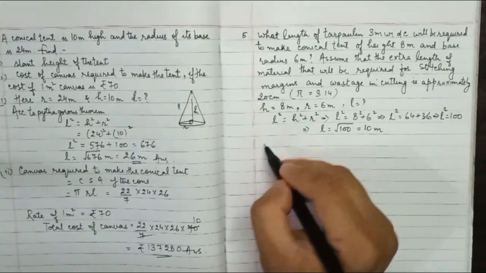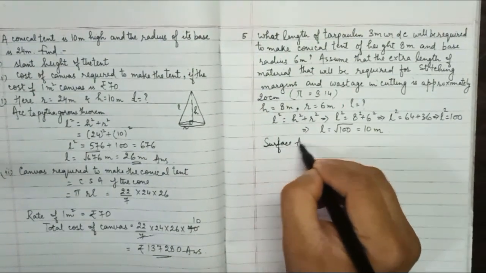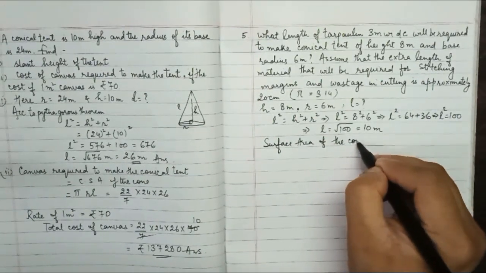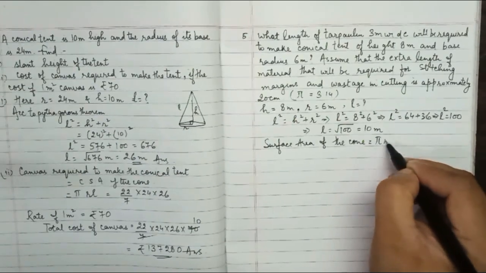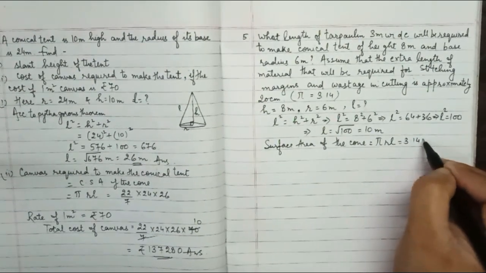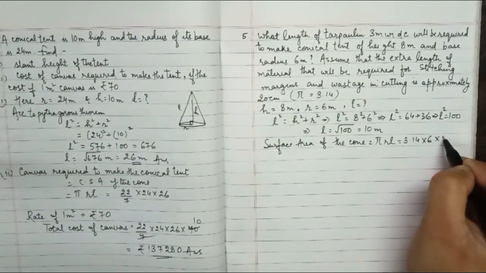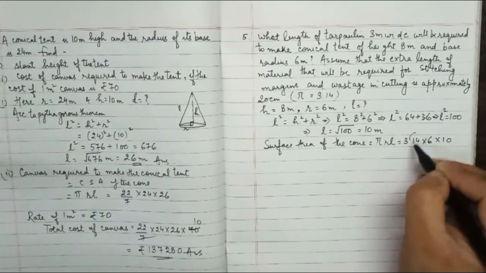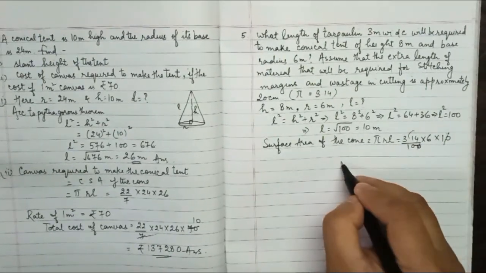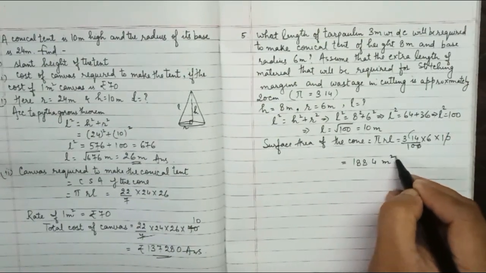Okay. Now surface area of the cone. Surface area of the cone formula is pi r L, which is equal to 3.14 into 6 into 10. This will be equal to 188.4 meter square.